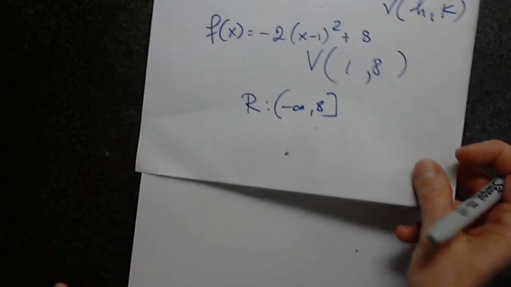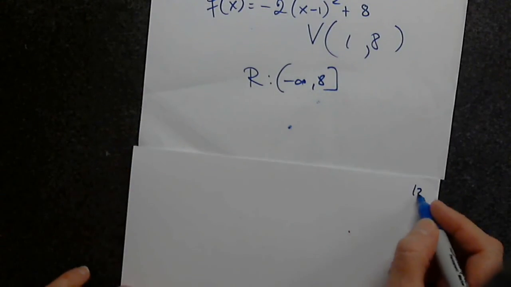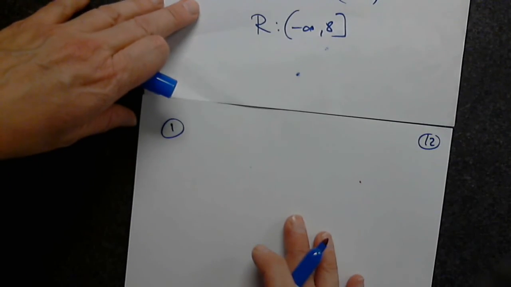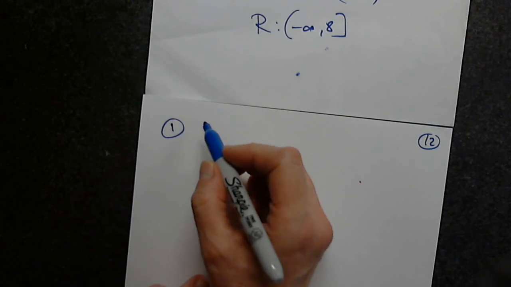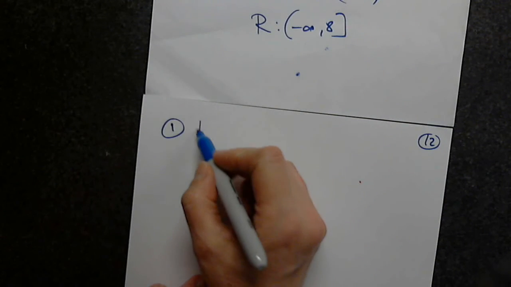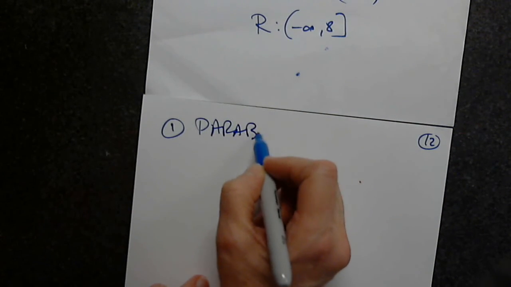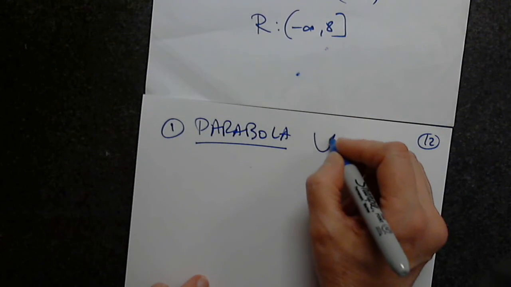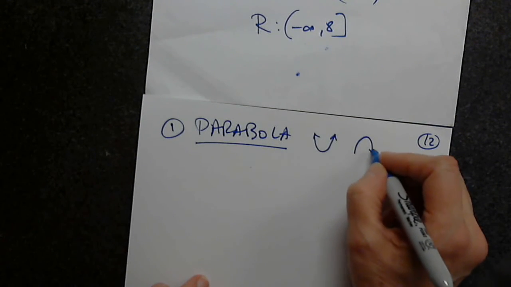Okay, so first question here is, if you remember, and we discussed that, the graph of a quadratic function is a parabola. A parabola can open upwards or downwards.